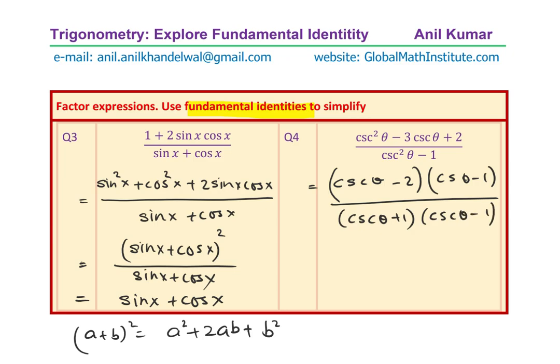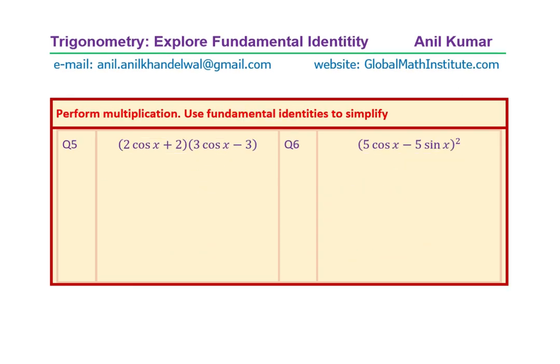And that should help you to simplify it further, correct? So we do get our answer, which is cosecant theta minus 2 over cosecant theta plus 1. So that gives you a good practice to work with both primary and trigonometric ratios and the fundamental identities involved.